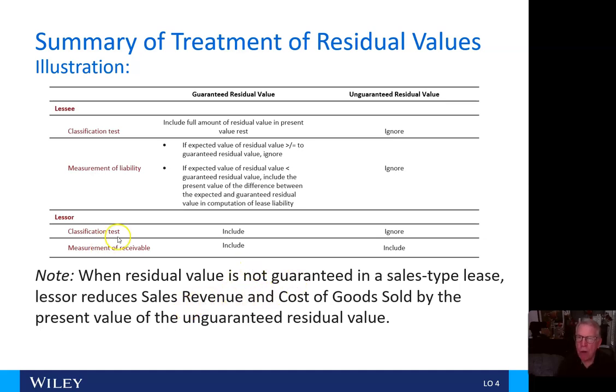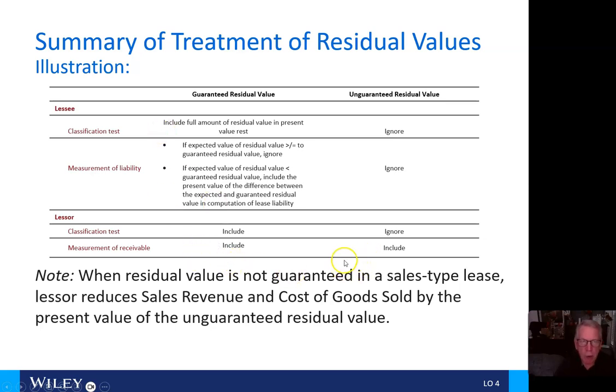When we left off, we were looking at the summary of the treatment of residual values from the lessor's perspective. Under the guaranteed residual value scenario, we are going to include the classification test and the measurement of receivables.